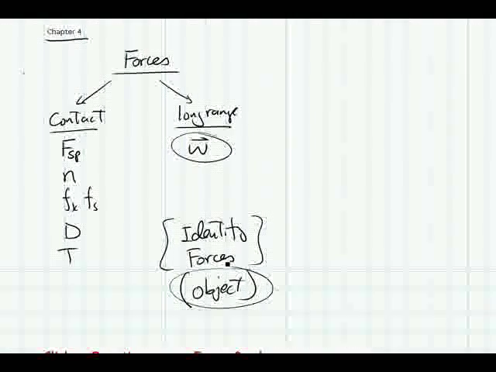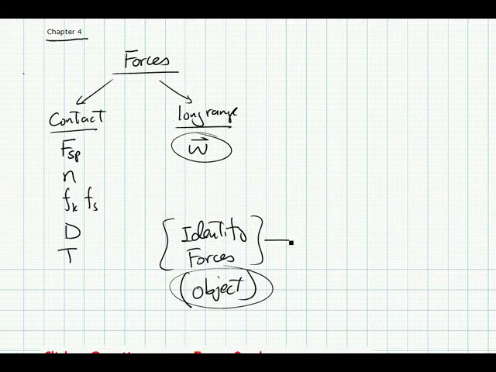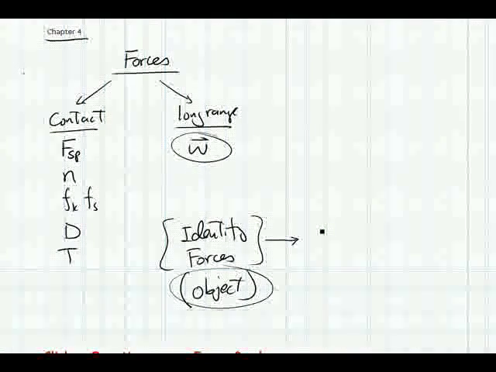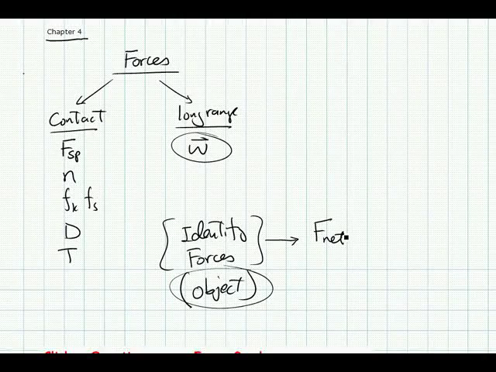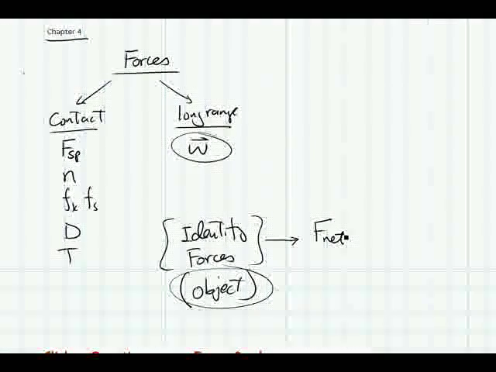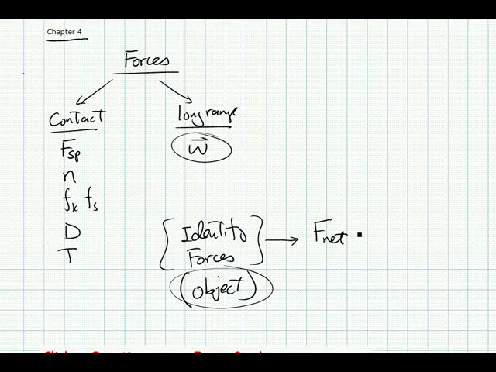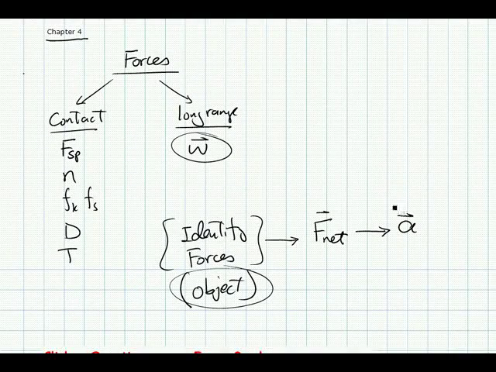Once you figure out all the forces acting on the object, we're going to learn how to calculate the net force. So this is a sum of all the forces that are simultaneously acting on the object. You calculate the net force, and the net force will give us the acceleration that the object will have.